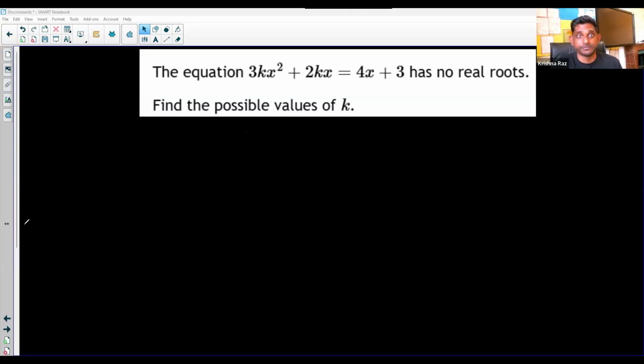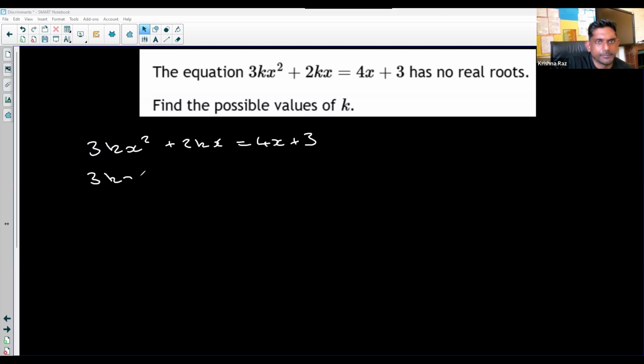Right, now let's look at this question. So first thing we need to do is set this equal to 0. So let's bring everything to the left-hand side. Now we need to group the terms.